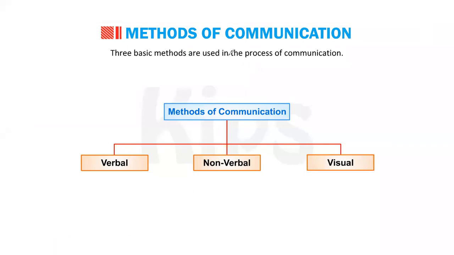These are the three basic methods used in the process of communication: number one is verbal communication, number two is non-verbal communication, and number three is visual communication.